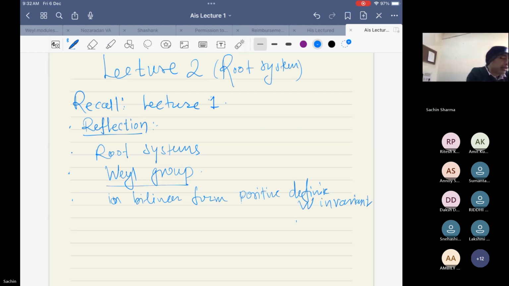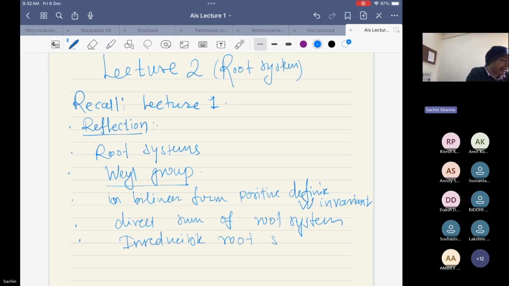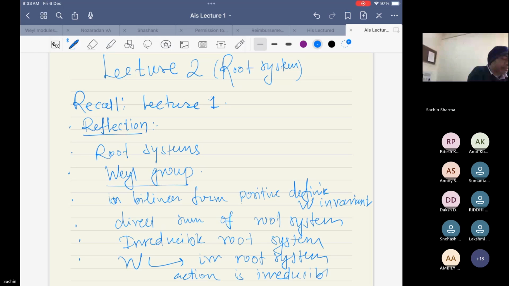And then we defined the direct sum of root systems, which paved the way for us to define irreducible root systems. And yesterday we were at the point that when you have a W action on this irreducible root system, this action is irreducible. In fact, this is an if and only if statement.